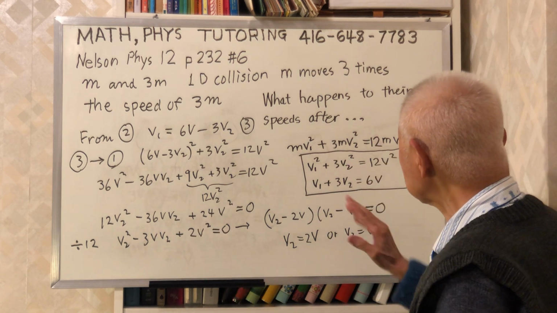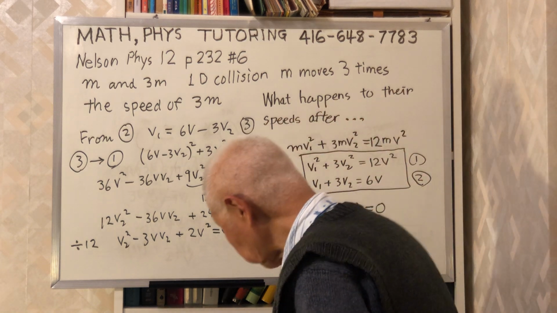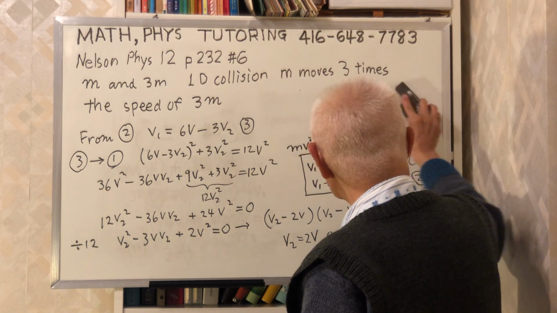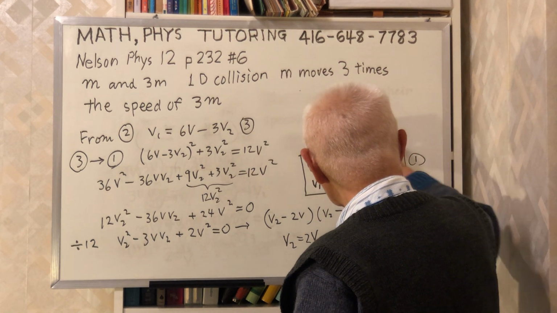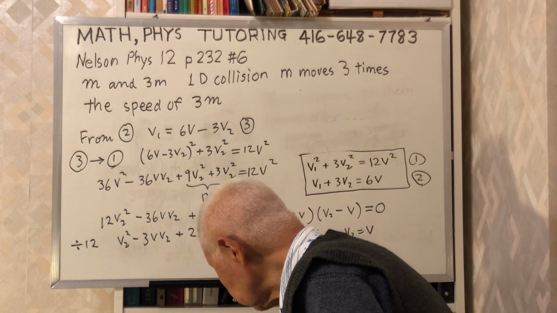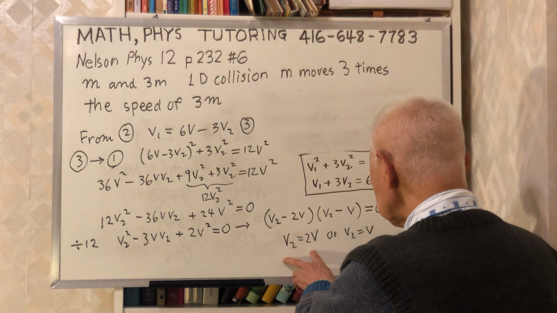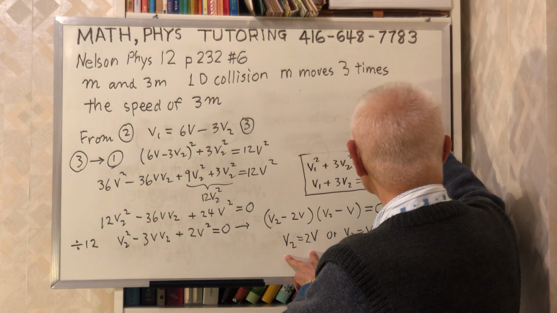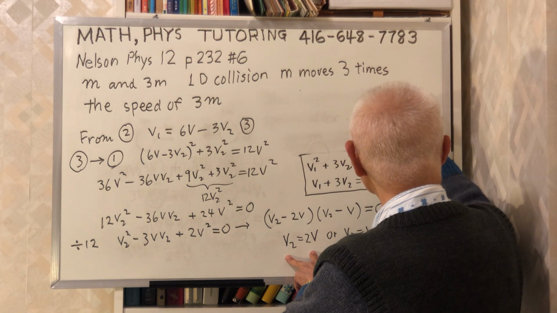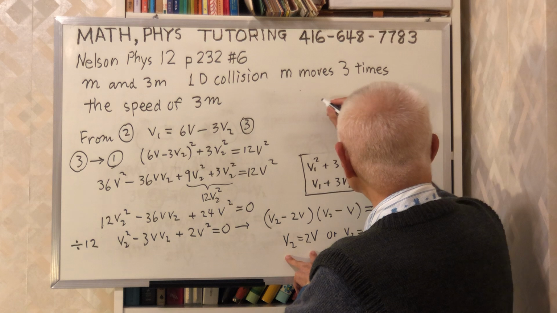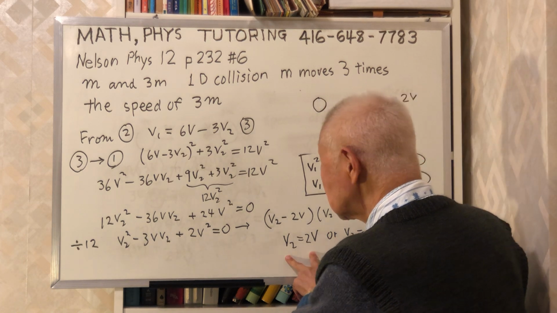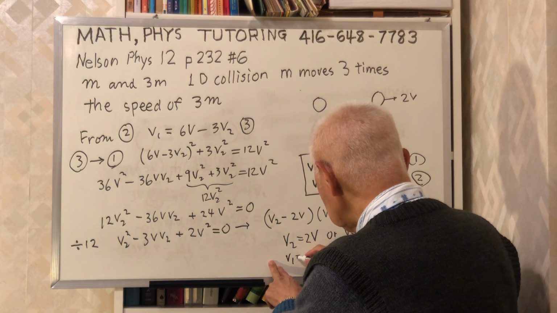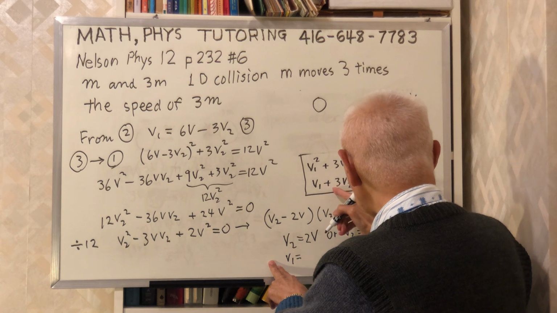I need more space here. For this case, v2 is 2v. This is v2, and v1, I need v1. v1 is 6v minus 3v2.